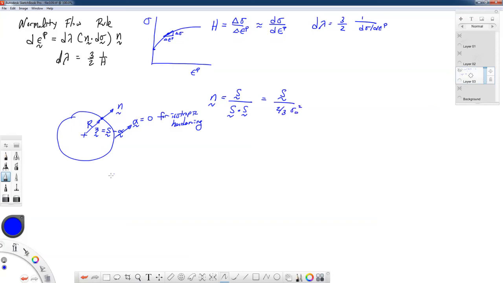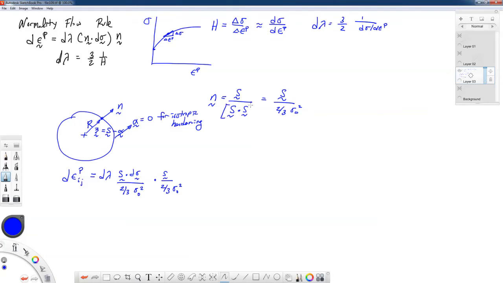So if I want to, what I can do for my normality flow rule in terms of the increments, if I use my index notation, d epsilon ij plastic is equal to d lambda n dot d sigma times n. Oops, and before I go too far, I don't want S dot S on the bottom.